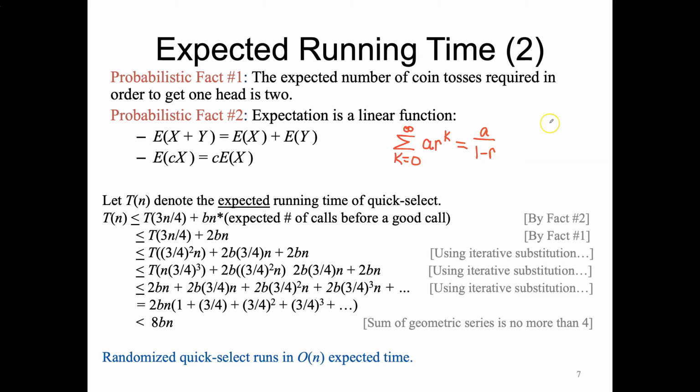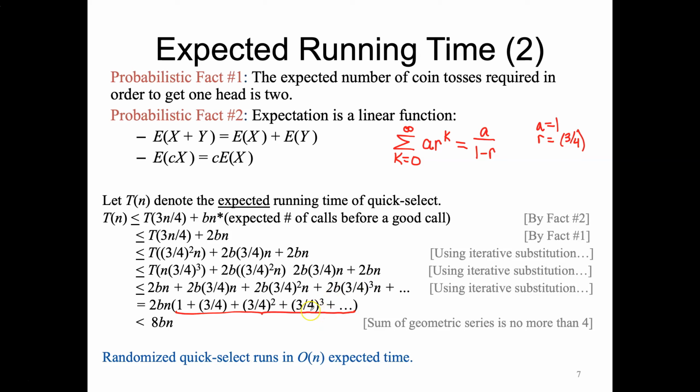We can plug this in for when a is equal to 1 and r is equal to 3/4. So this is just the summation of all powers of 3/4: 3/4 to the 0th power, plus 3/4 to the first power, plus 3/4 to the second power, and so forth.